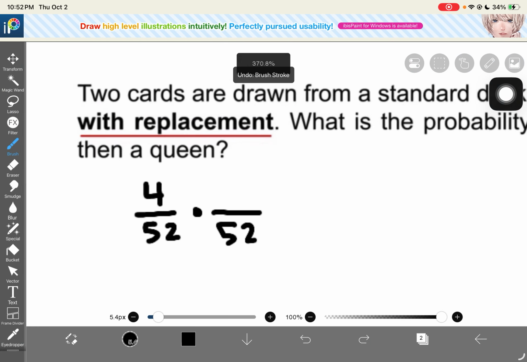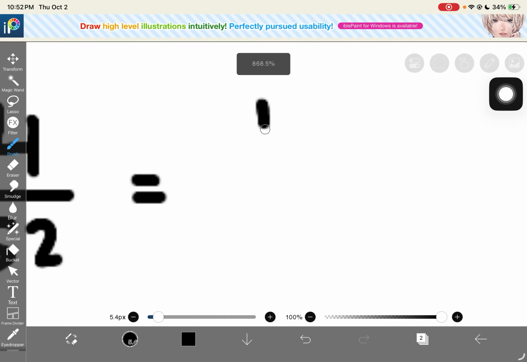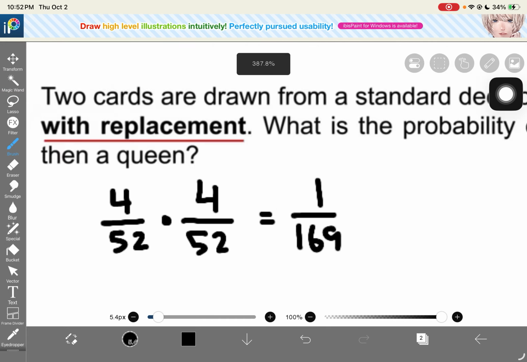So therefore, it's 4 over 52 times 4 over 52. Let me type that in my calculator. 4 over 52 times 4 over 52. That's equal to 1 over 169.